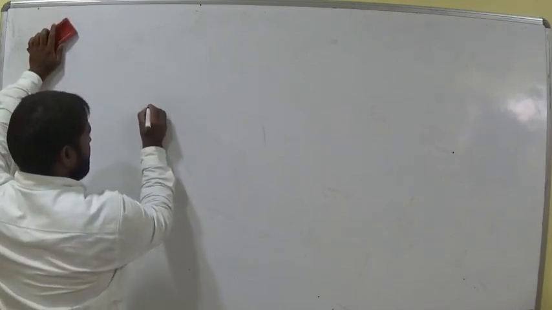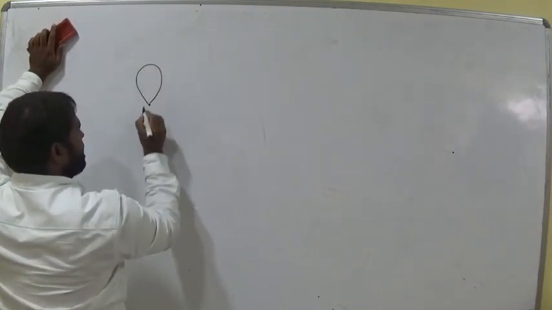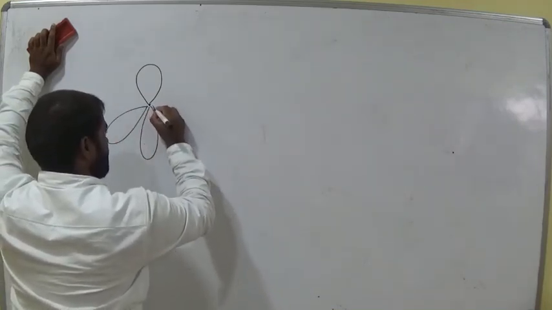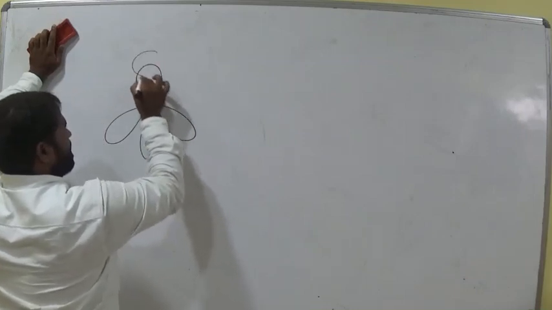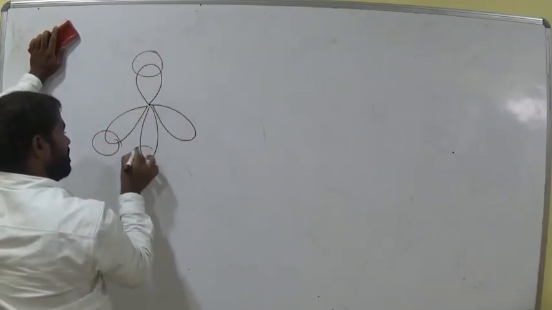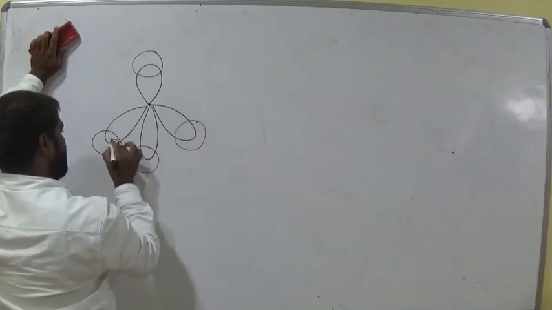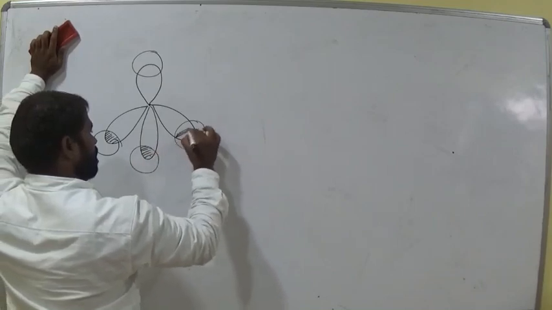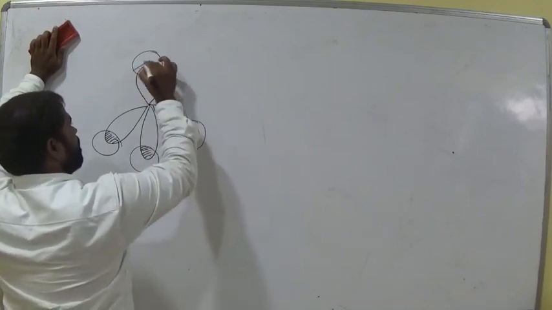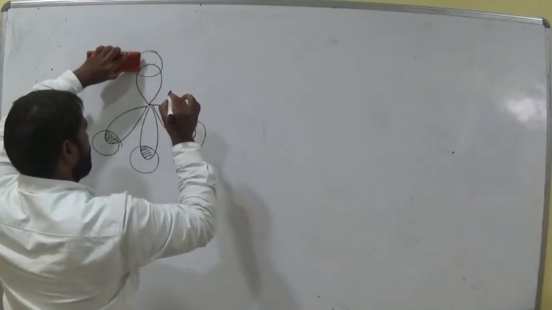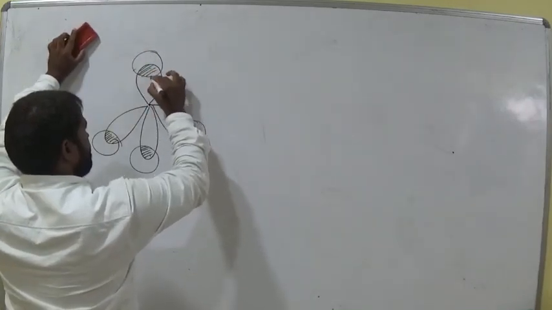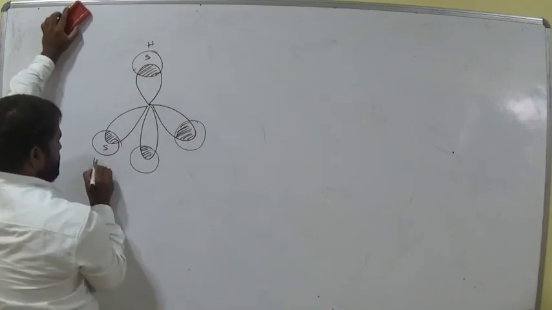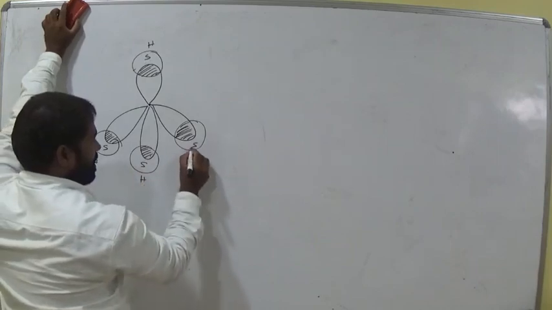Let us take this carbon which has sp3, sp3, sp3 and sp3. It interacts with the s orbital of hydrogen, s orbital of hydrogen, s orbital of hydrogen, s orbital of hydrogen.